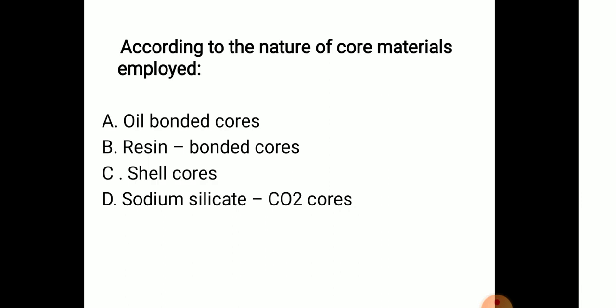Cores thus produced usually need no baking. Cores thus formed possess more strength than oil or resin bonded cores. Unhardened cores are not handled, so there is no chance of breaking or sagging of cores. A core dryer is not required. This is the sodium silicate or CO2 core.